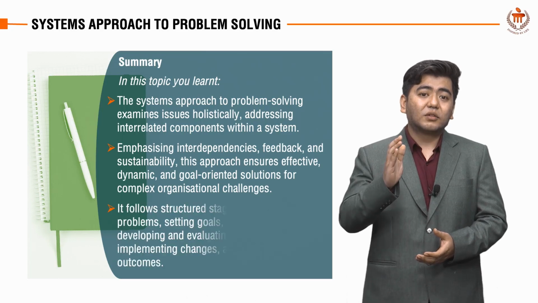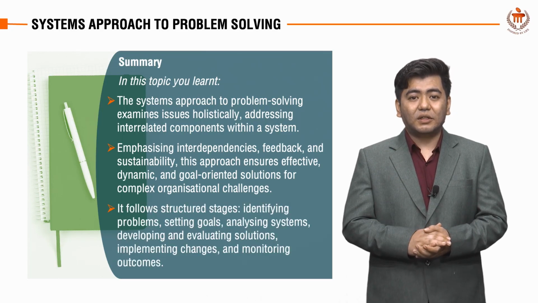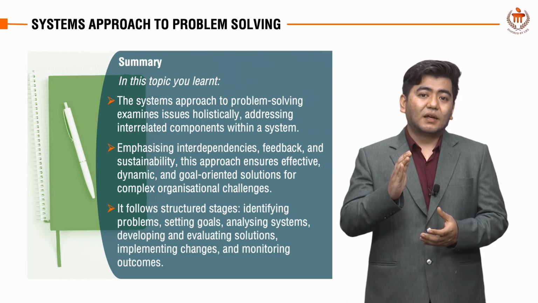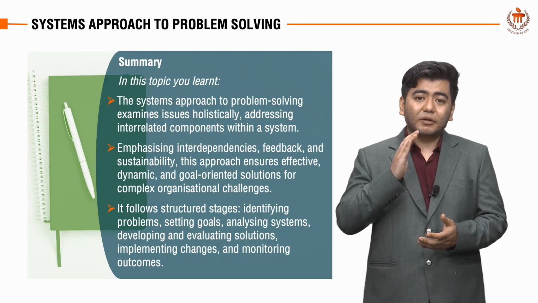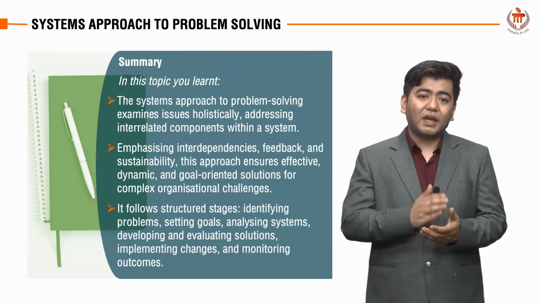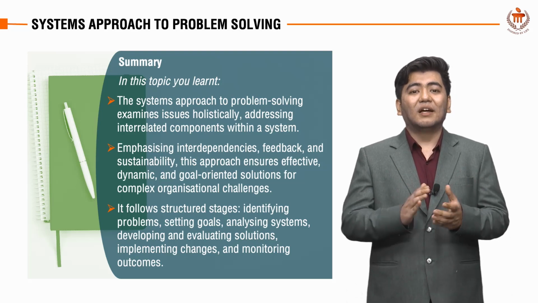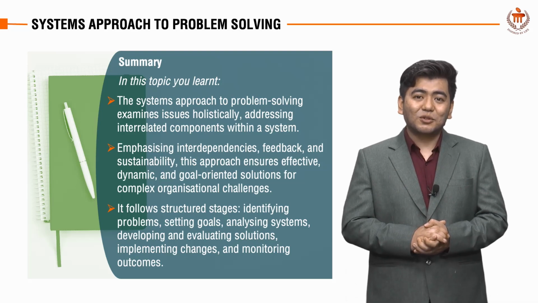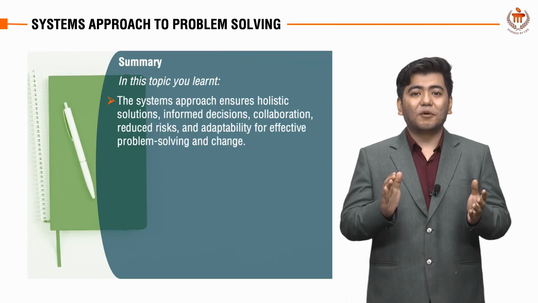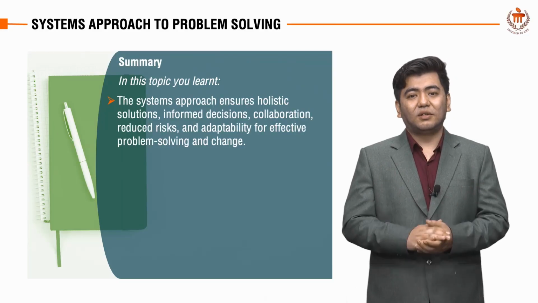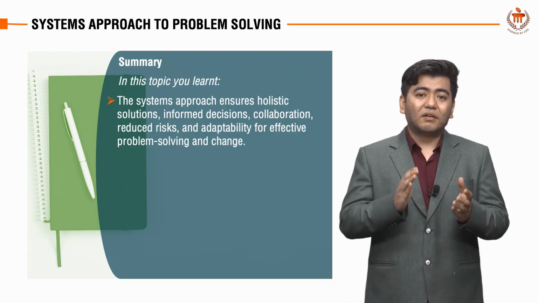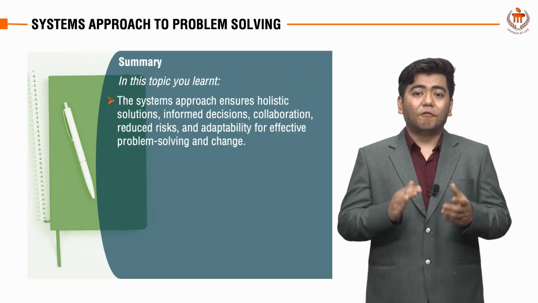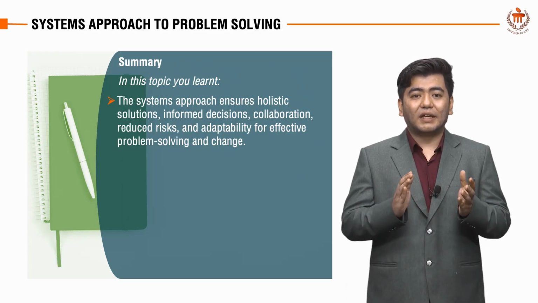And it follows structured stages, which are identifying problems, setting goals, analyzing systems, developing and evaluating solutions, implementing changes, and monitoring outcomes. You have also learned the systems approach ensures holistic solutions, informed decisions, collaboration, reduced risks, and adaptability for effective problem solving and change.